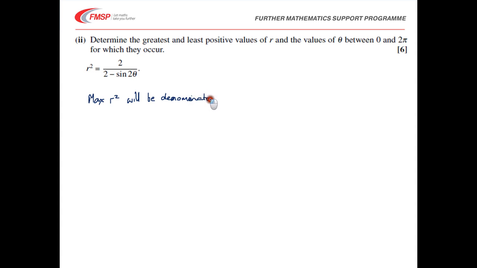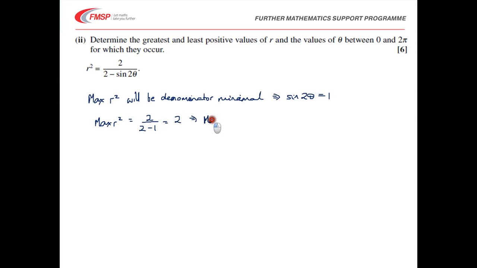The minimum value of that denominator is going to be when sine 2 theta is at its maximum value of 1. So the maximum value of r squared is 2 over 2 minus 1, which is 2.